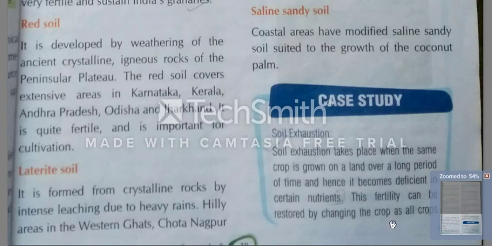How can it be restored? It can be restored through changing the crop. It means if they change the crop, the fertility will be the same as before, or it will be increased. Clear? That was soil exhaustion.